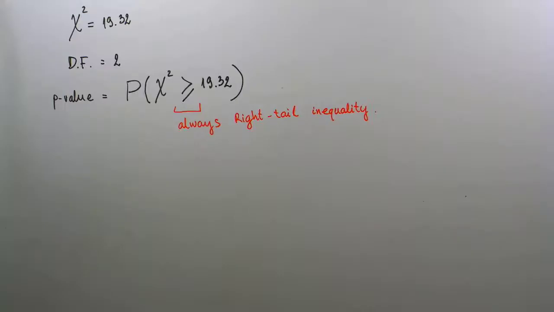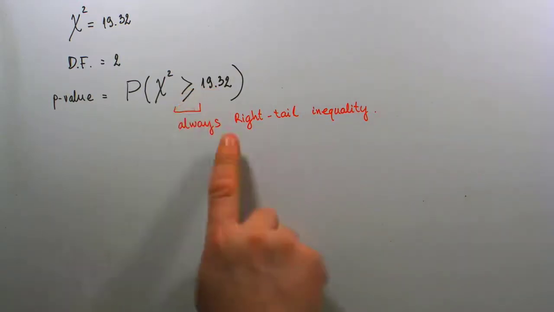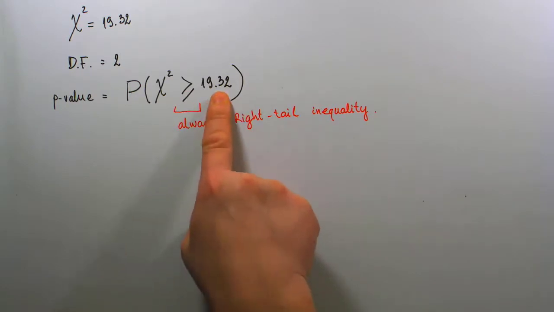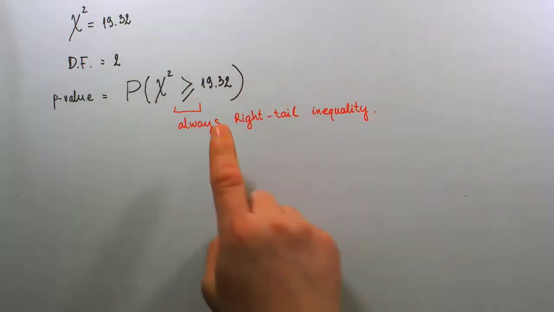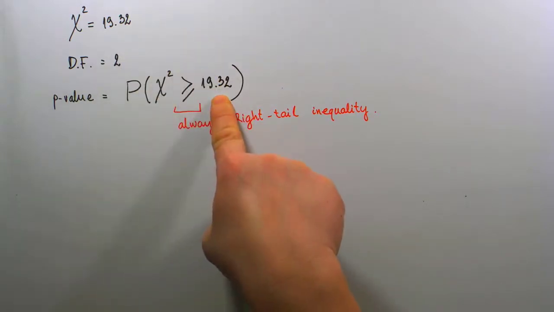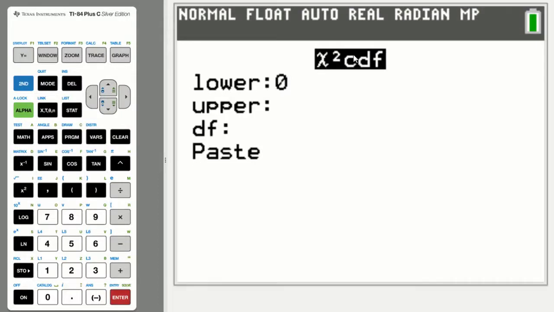Back to my writing board a little bit. So the inequality here is, as I already said, always right tail. So that means this value here is our low end, and it's going to be always the same way like this for any other problem. So our chi-square that we have found will always be the low end. Now back on the calculator itself, I'm going to enter 19.32 for the low end of our chi-square CDF.